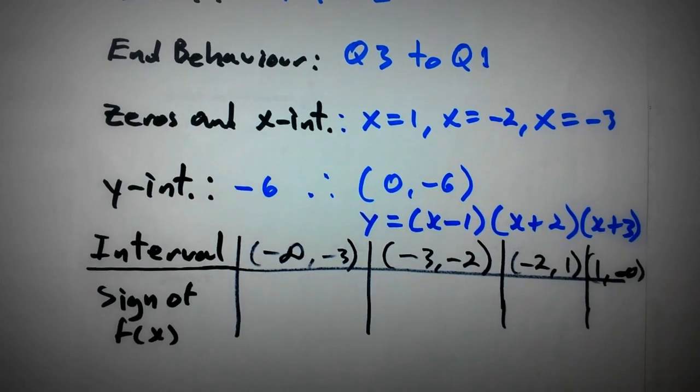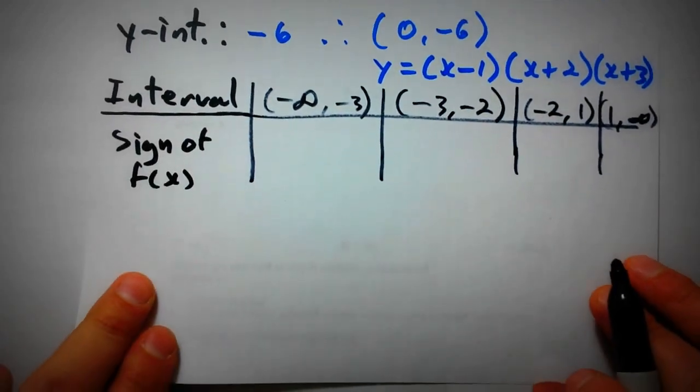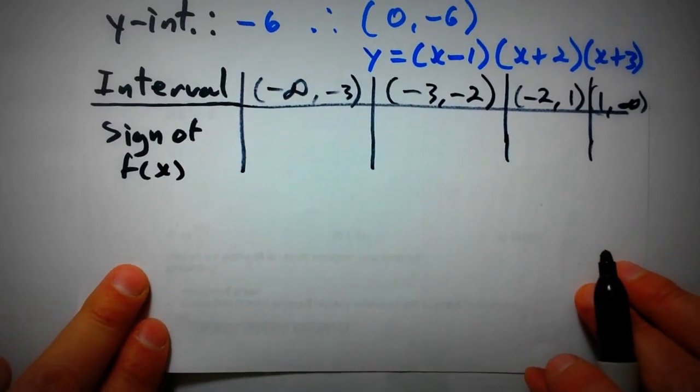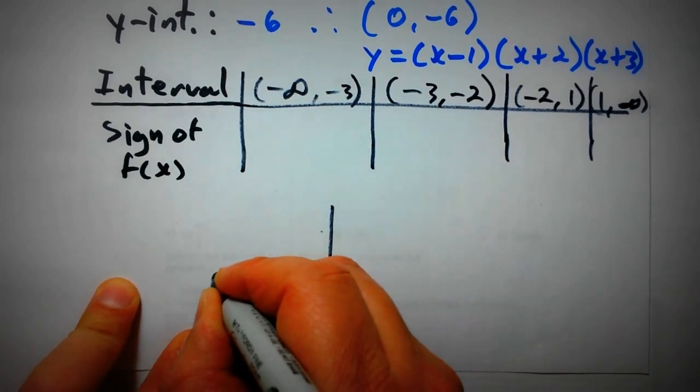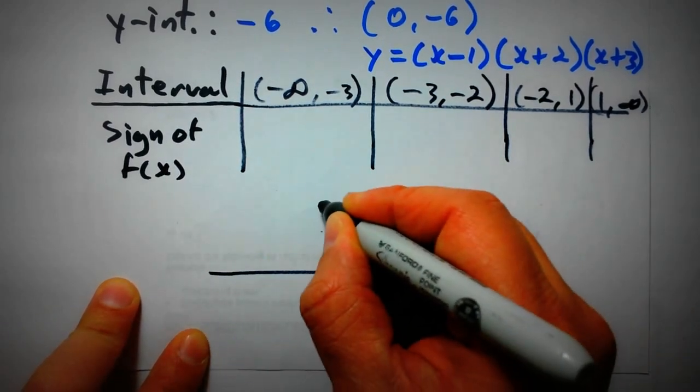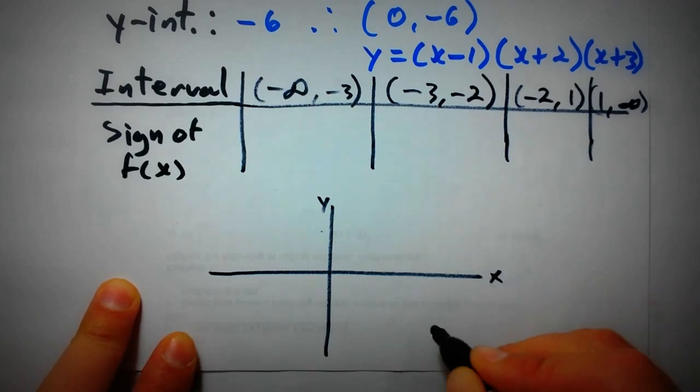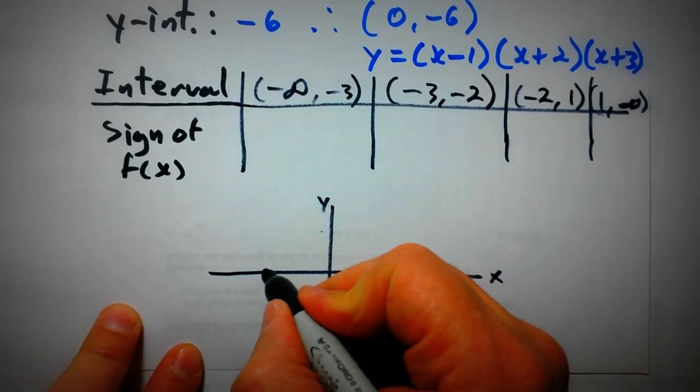Let me move this up a little more. I'm going to do a rough sketch. I know in your handout you have a very nice grid that allows you to do this.